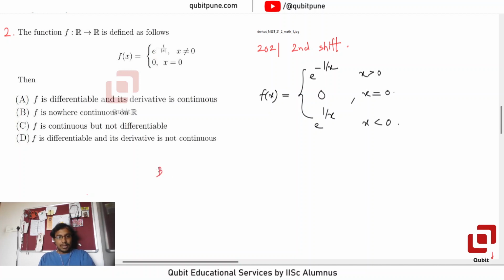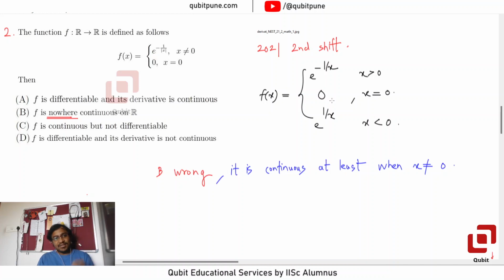B is wrong because they are saying it is nowhere continuous, but without investigating the continuity of this function at 0, we know that it is continuous at least when x is not equal to 0. You take any other point, the function will be well defined, right? So B is wrong.